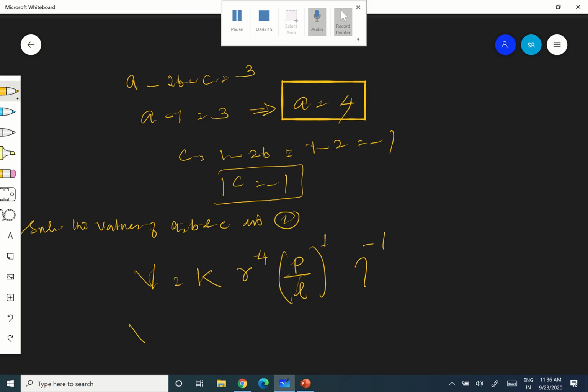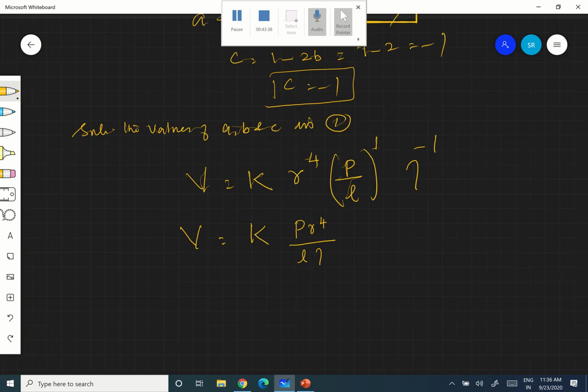Therefore V is equal to K into P R power 4 divided by L eta. You will study afterwards that the K value is pi by 8. If the value of K is not given, don't bother. Sometimes it may be given. Here the actual value of K is pi by 8.